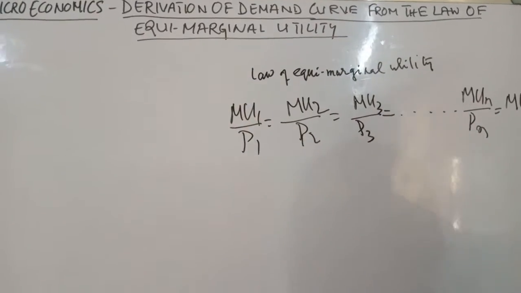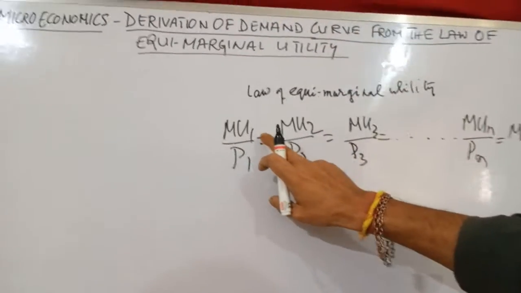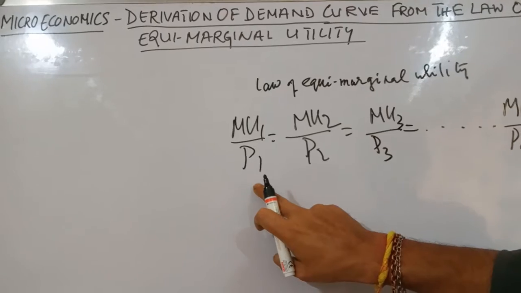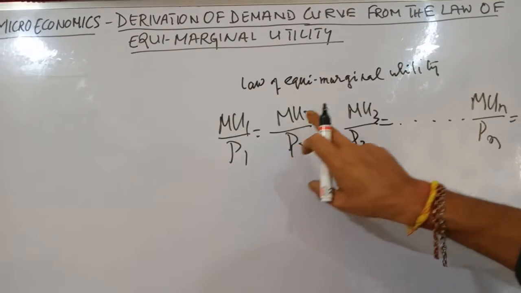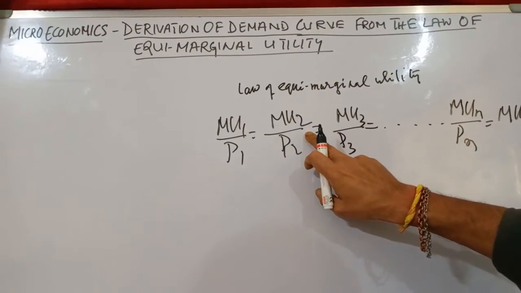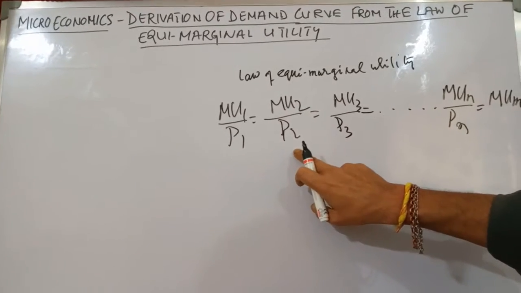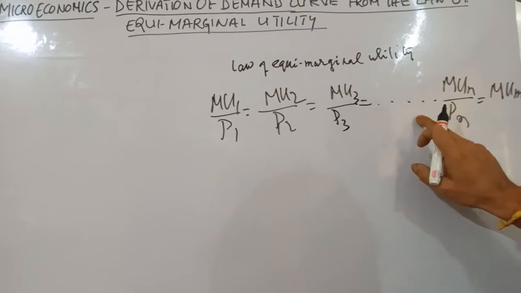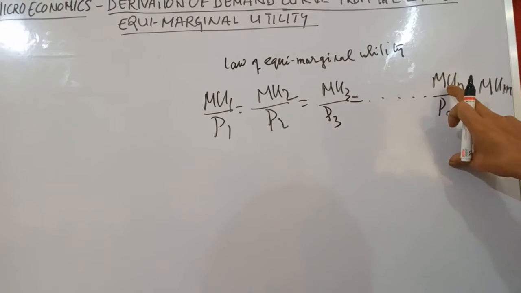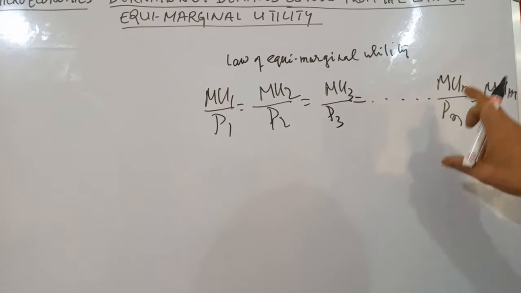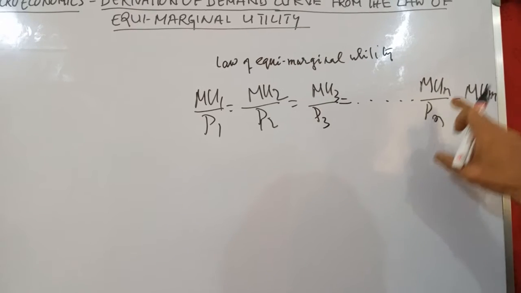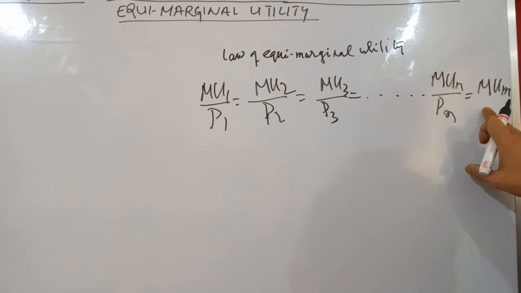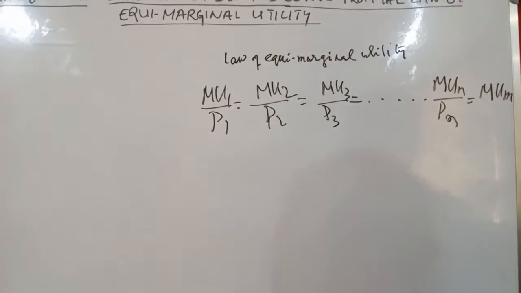That means marginal utility of commodity 1 by price of 1 is equal to marginal utility of commodity 2 by price of 2 will be equal to commodity 3, commodity 4, until marginal utility of nth commodity divided by price of n commodity, which will be equal to marginal utility of money of the consumer.